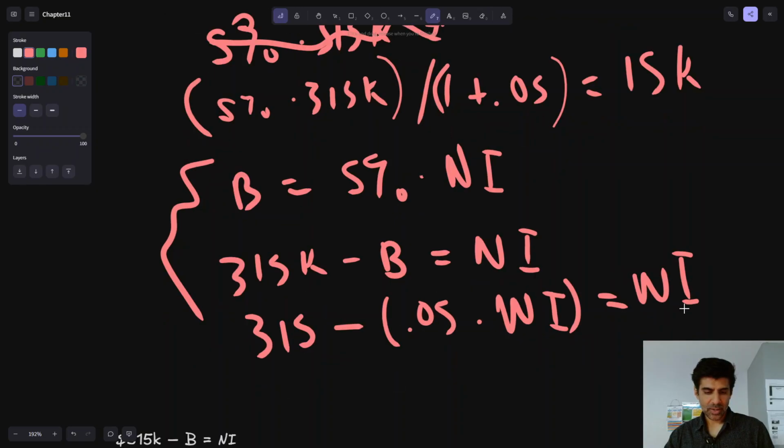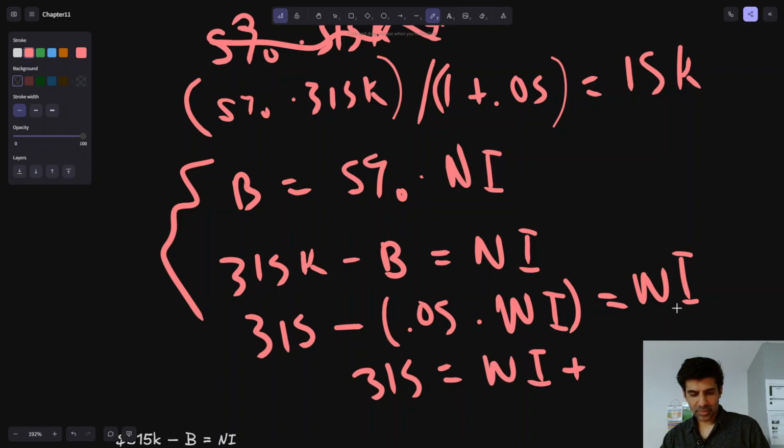And then 315 equals net income plus 0.05 net income. I just added net income to both sides. It canceled with this. And then I factor out net income. So 315 equals net income times 1 plus 0.05.